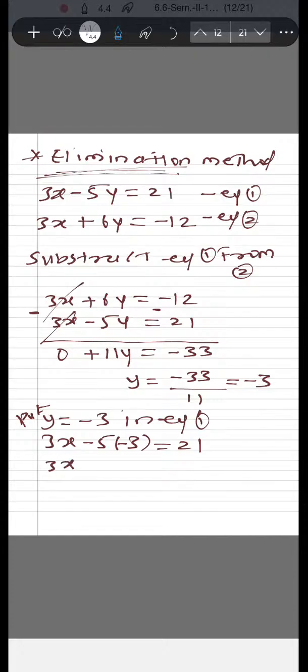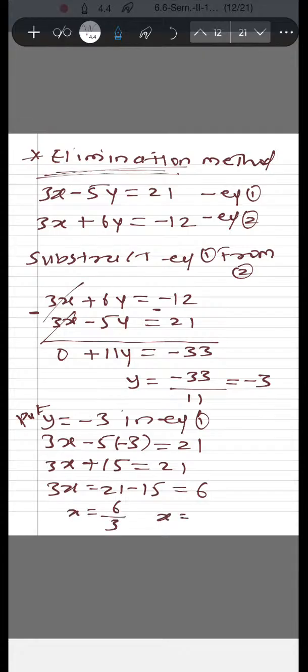So 3x plus 15 is equal to 21. So 3x is equal to 21 minus 15, which is equal to 6. So x is equal to 6 upon 3, which is 2. So the answer I have found is x equal to 2 and y equal to minus 3. That's it, and this is how you have to solve the questions.